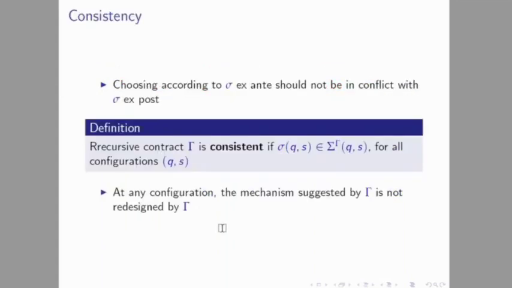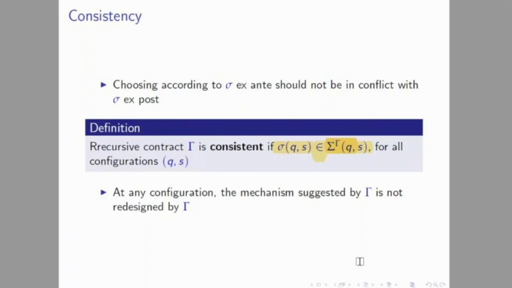Now, this choice set gives us criteria that the recursive contract has to meet. First of all, the recursive contract has to be consistent in the sense that the choice rule under each configuration chooses from the choice set that the recursive contract spans at that configuration.